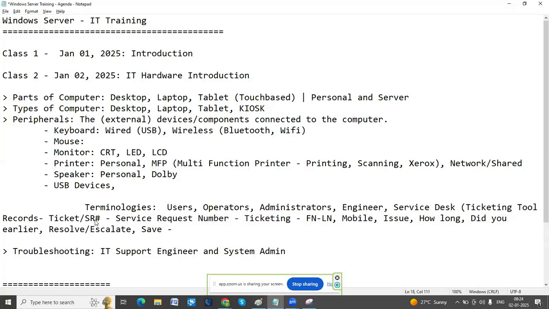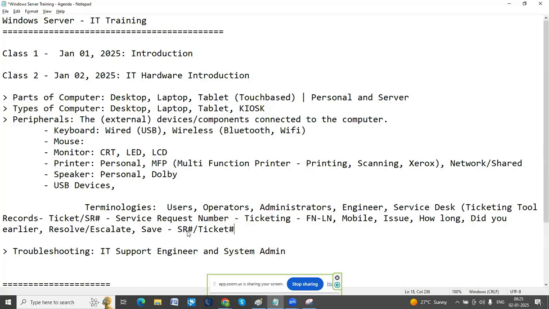Number, I'll shortly use the word as hash sign, pound sign. This is the meaning of number. After entering all information, he will save the document and it will generate an SR number, or a ticket number.